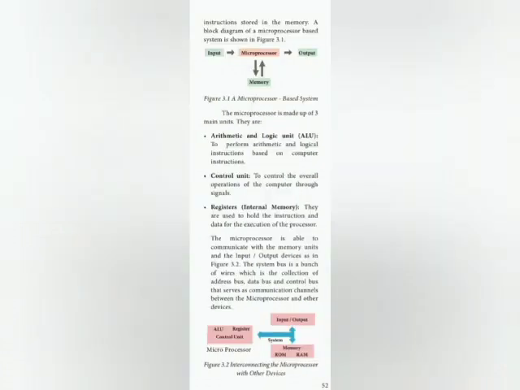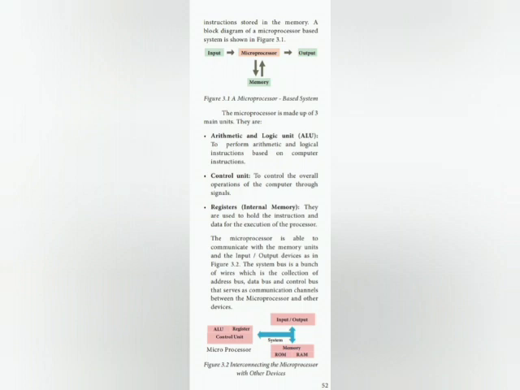The microprocessor is made up of three main units: the arithmetic and logic unit, the control unit and registers, which are internal memory. The arithmetic and logic unit performs arithmetic and logical operations based on computer instructions. The control unit controls the overall operation of the computer through signals. Registers are used to hold the instructions and data for execution by the processor.